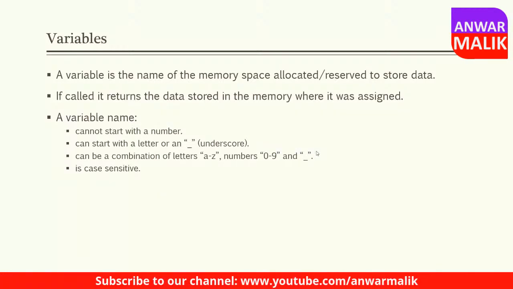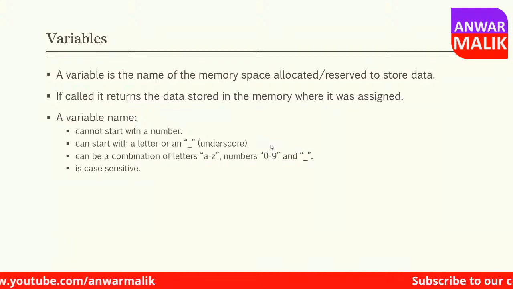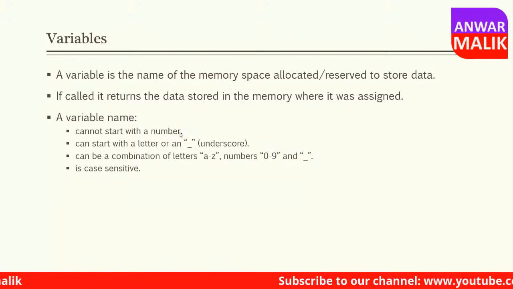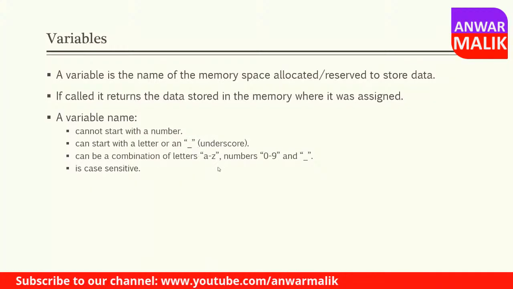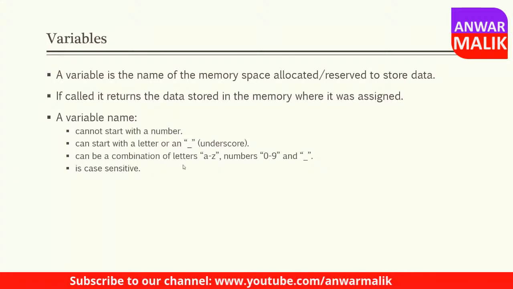The only rule that you need to remember is that you cannot start the name of the variable with a number. You can use an underscore in the name. You can use all the letters and all the numbers and just an underscore. You cannot use other special characters. And of course, variables are case sensitive.